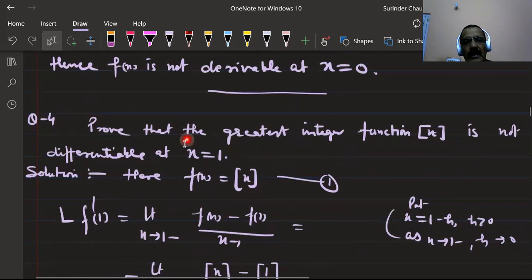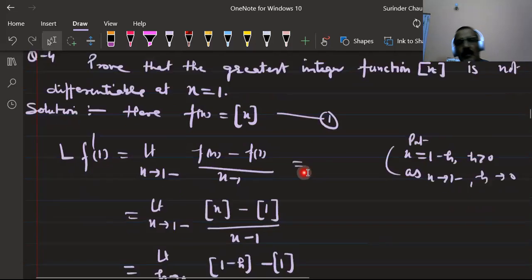Now x equal to 1 is an integer, so at integral values you have to find both limits, left hand derivative and right hand derivative at 1. So f(x) is the greatest integer less than or equal to x. Left hand derivative of f at 1 is limit x tends to 1 from negative of f(x) minus f(1) upon x minus 1.